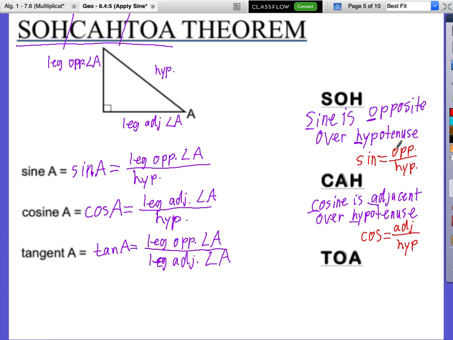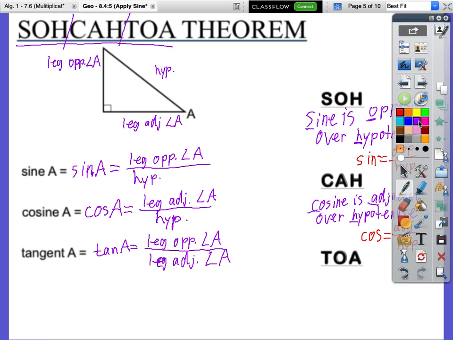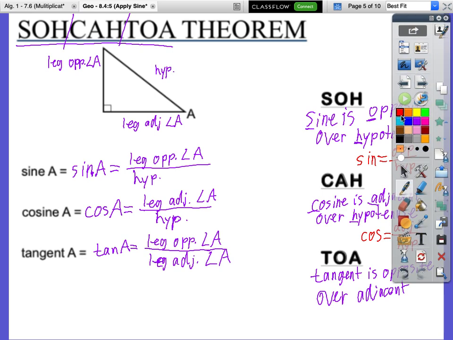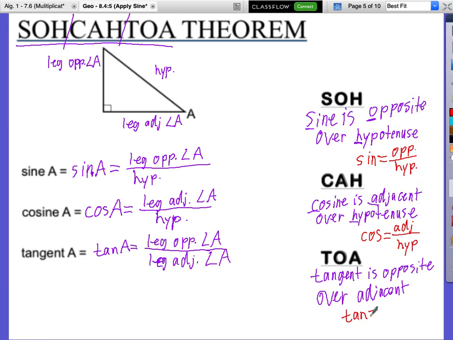The first one, SOH. And we'll have TOA here. Julie, what do you think TOA is? Very good. Tangent is opposite over adjacent. Once again, we can write this as shorthand.